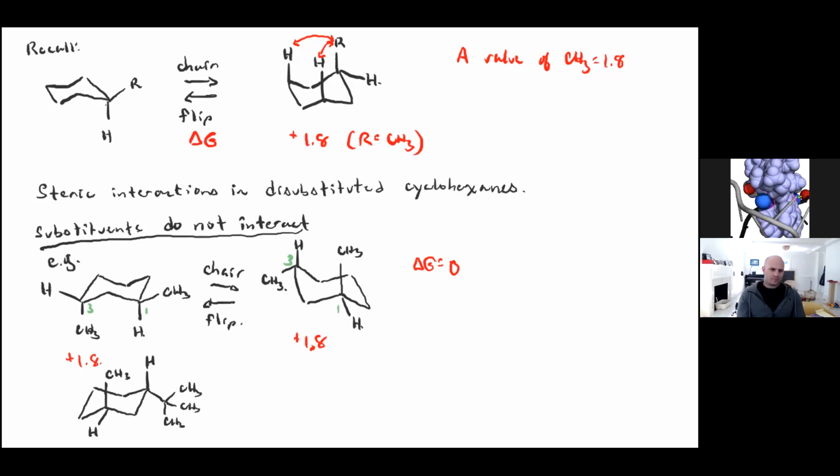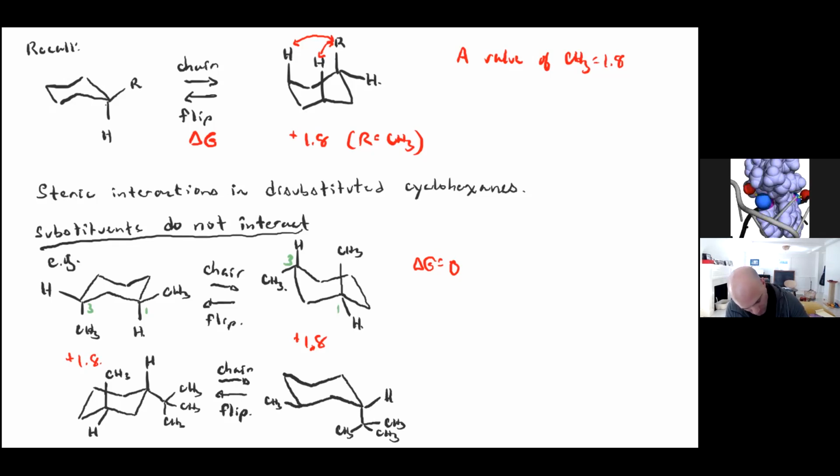And so you can have two chair conformers for this. What we can do is flip the cyclohexane, send all of the equatorial substituents axial, and send all of the axial substituents equatorial. Okay, and you get to something like that.